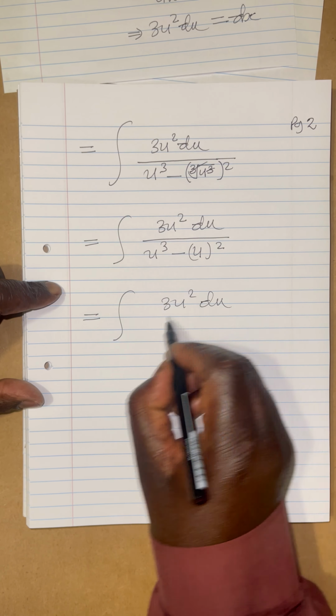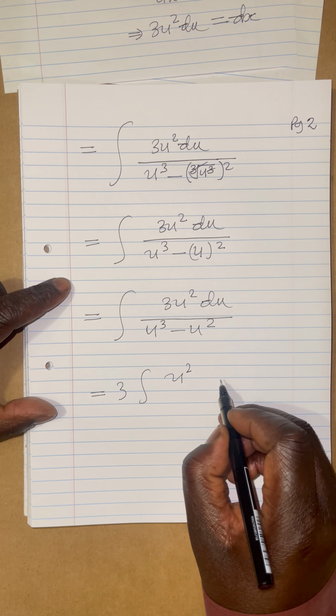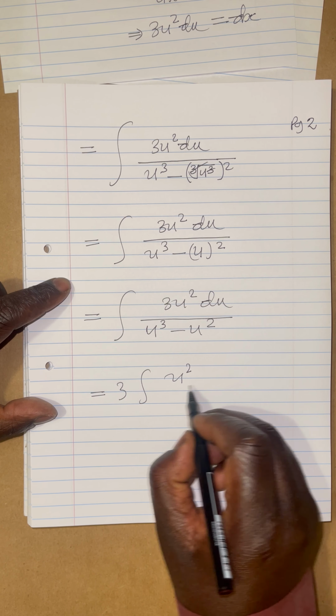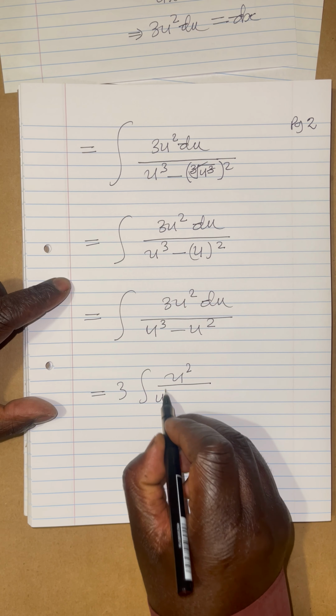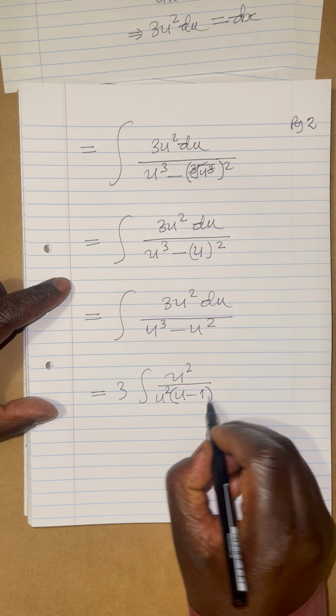And in the denominator, you can see the common factor is u squared there. I have to factorize, and 3 is a constant, so I'm taking it out. So this is 3, the integral of u squared, all over u squared, factorizing this, it's u minus 1, and I'm going to multiply by du over there like that.